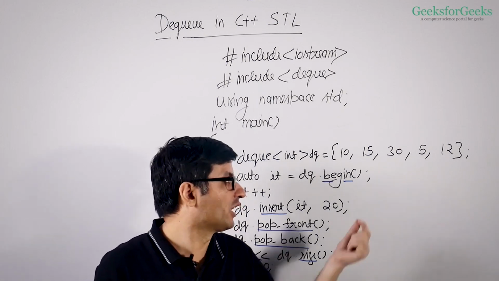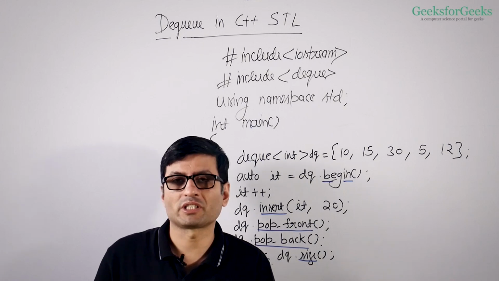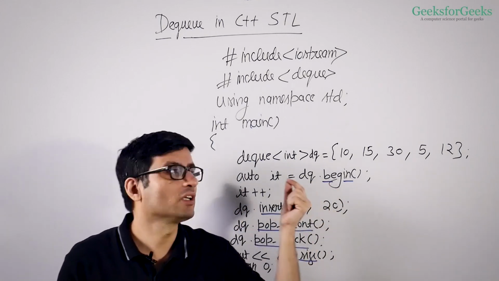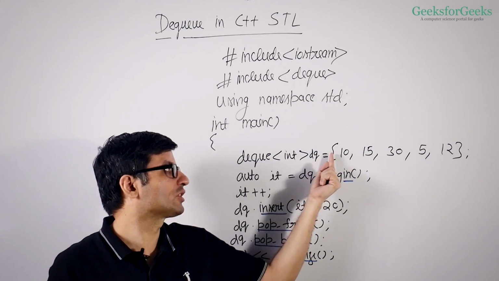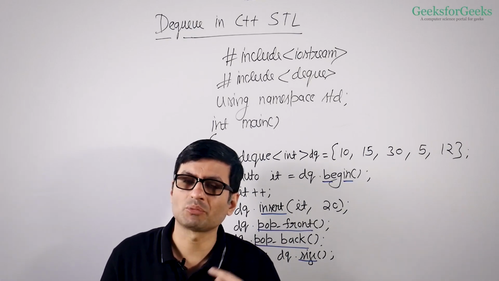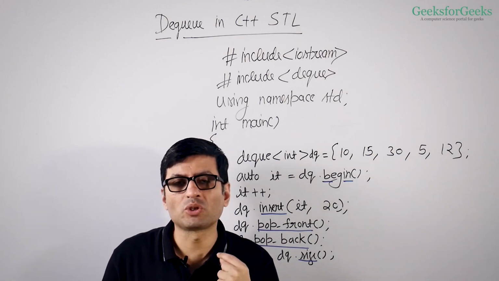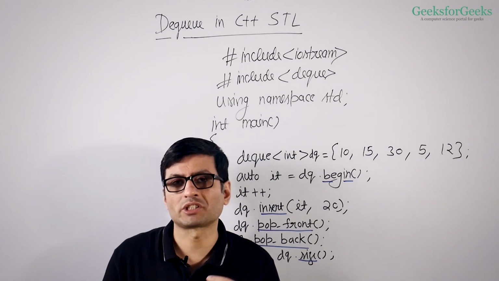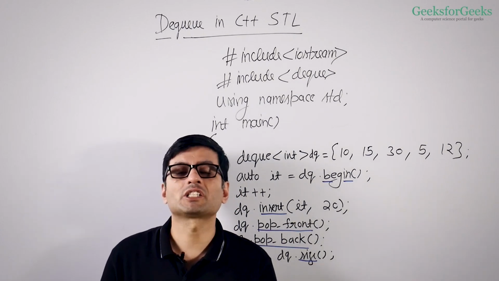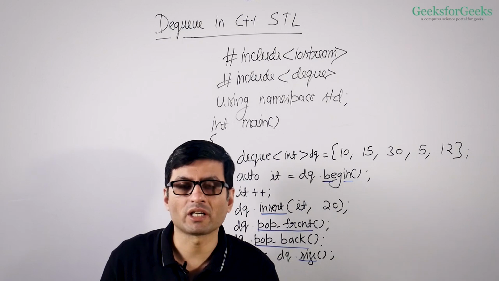Rbegin points to the last element, and when you do iterator plus plus on this reverse iterator, it takes you backward. Right, and rend points to an element before the first element, right? So they are reverse iterators, opposite of begin and end. Similar to cbegin and cend, which are constant versions of begin and end, they are crbegin and crend, which are constant versions of rbegin and rend.